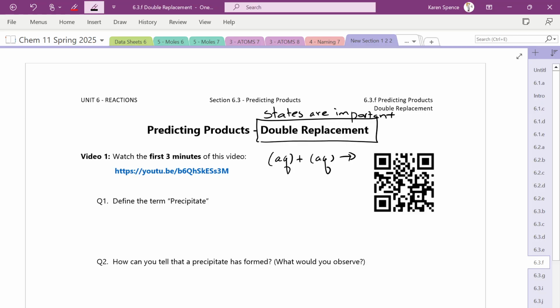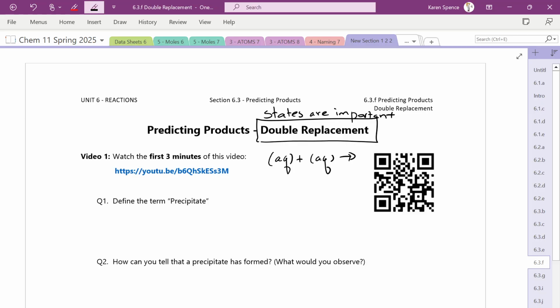What makes something opaque or cloudy? Have a think about that. Yes. It is a suspension. And if it is a suspension, what is suspended in the liquid? Little tiny solid particles are suspended in the liquid.